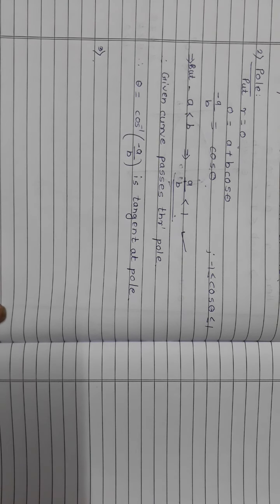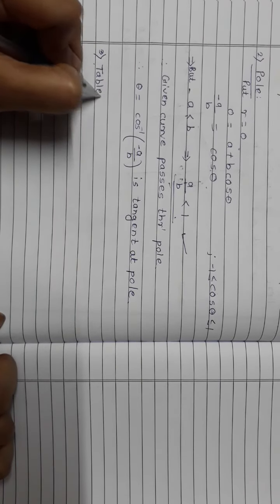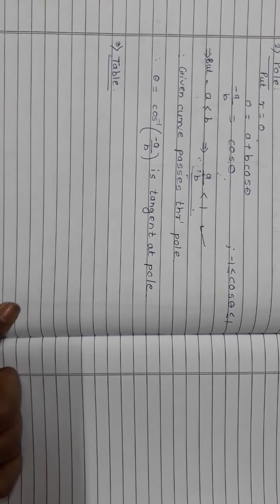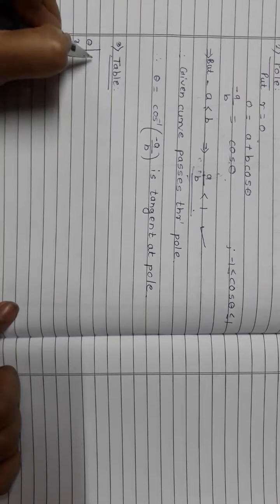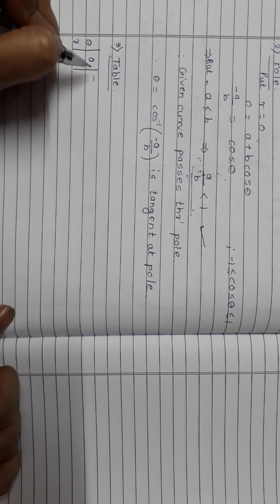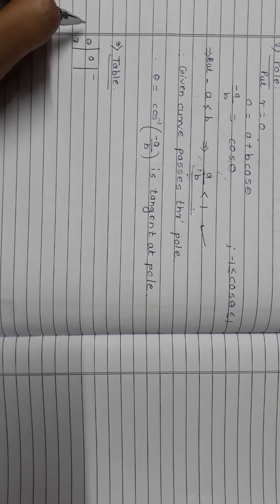And the next thing is to figure out the table. So let's take the same values again, theta and r. This is the value for 0. Then the next thing is 30 degree, then 60 degree, and continue like the same one, right?